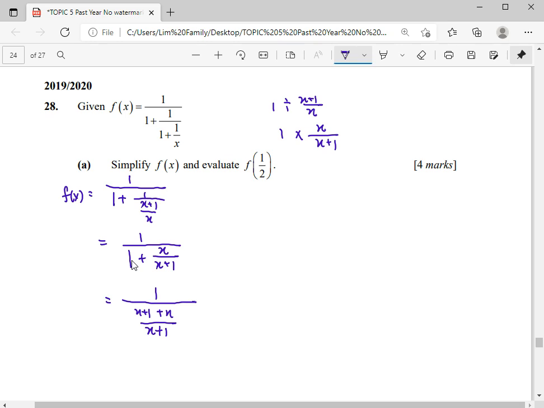So again, it is 1 over a fraction. It is equivalent to 1 times the inverse of it. So x plus x is 2x. Therefore, here we can get x plus 1 over 2x plus 1.